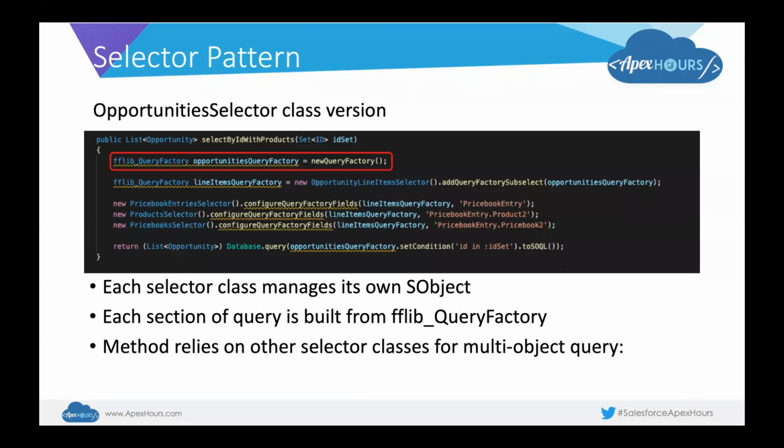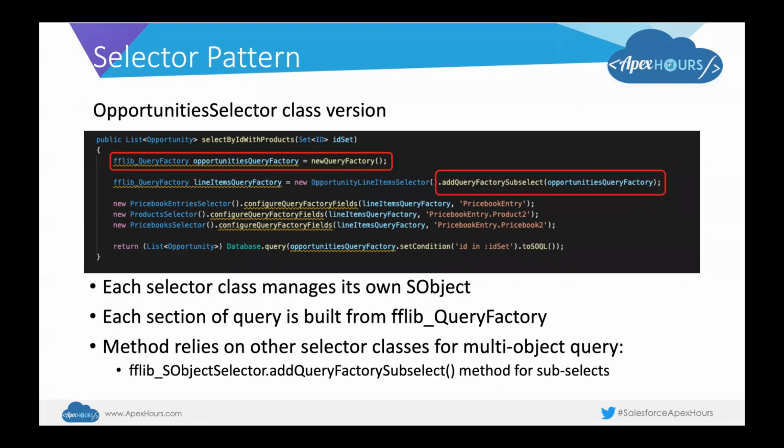But like I said, there are some methods available to add fields from other selectors. When you want to add a subquery or subselect query, you can reach out to the other SObject selector and use the method add query factory subselect.